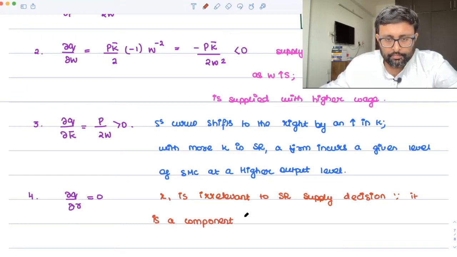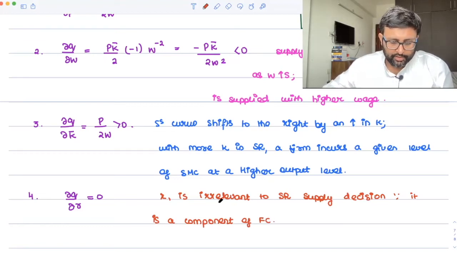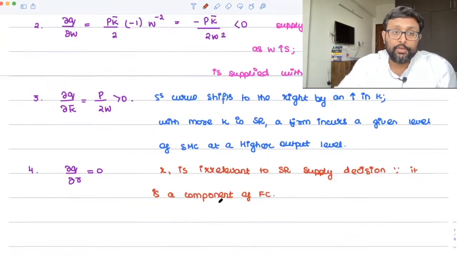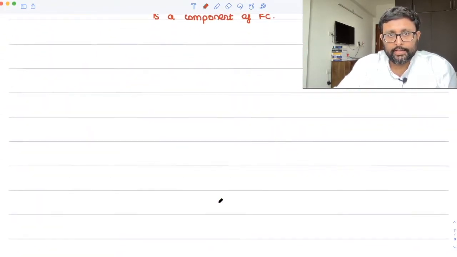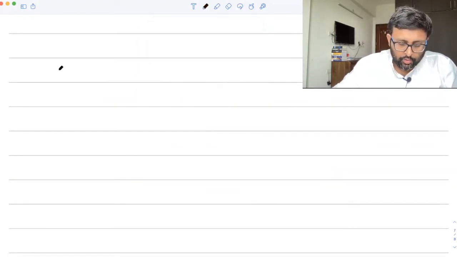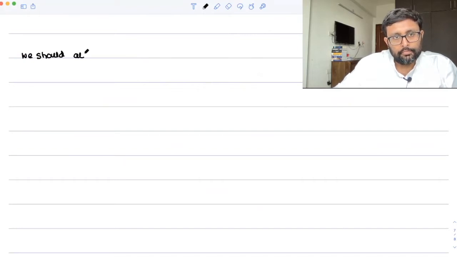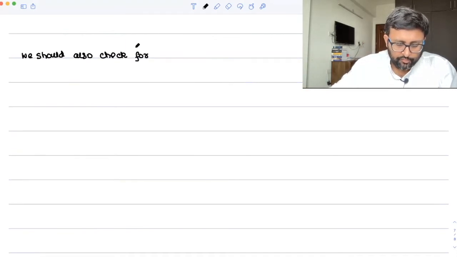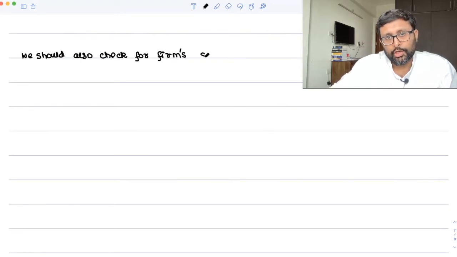Because it is a component of fixed cost. Then there is a question which arises. Before you say that this indeed is a short-run supply curve, we should also check for the firm's short-run shutdown decision.